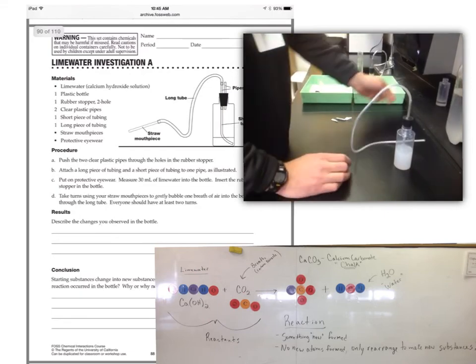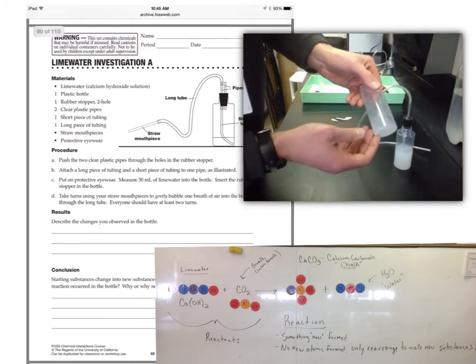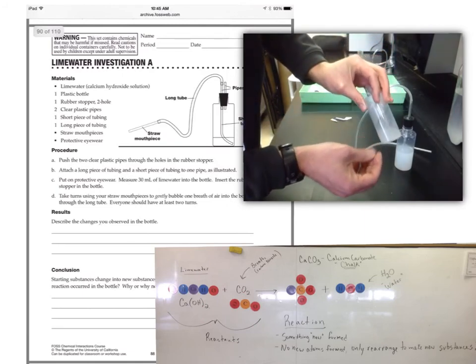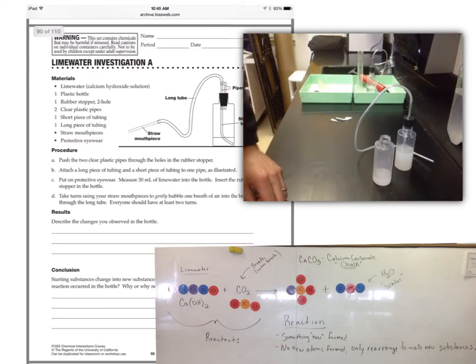And you would do that for several minutes. And then this is somebody's from the morning lab, and you can actually see the white. It looks like a white powder in the water.